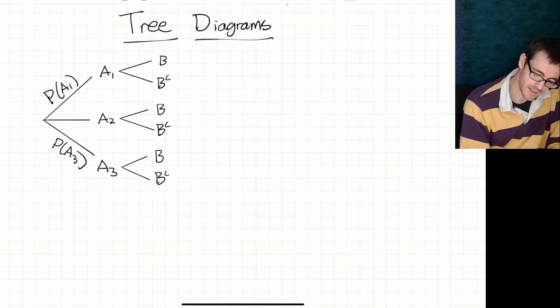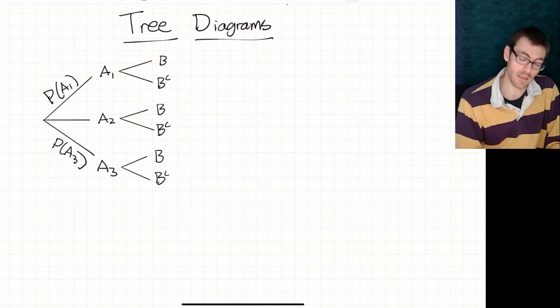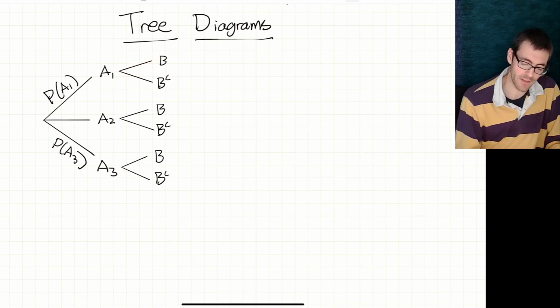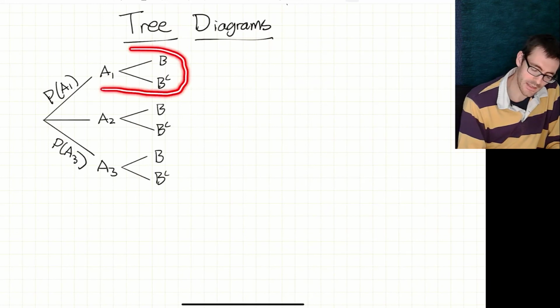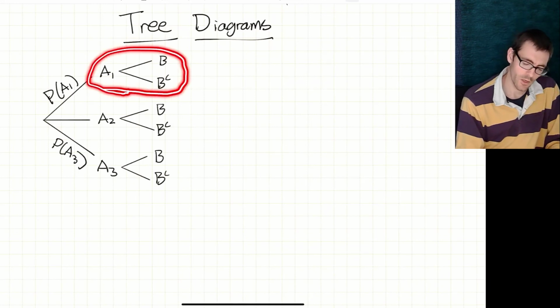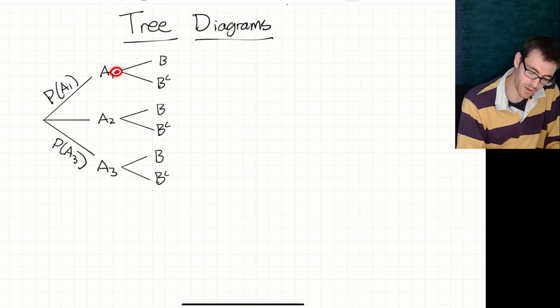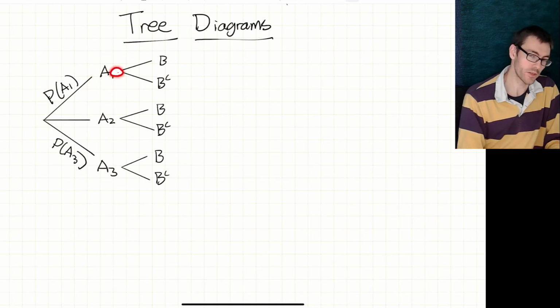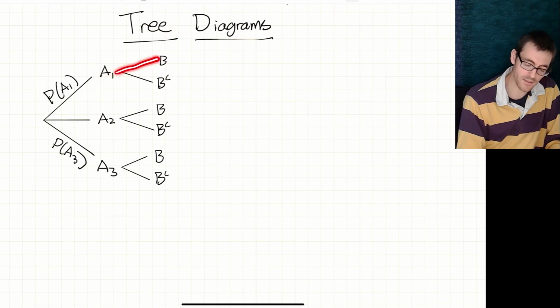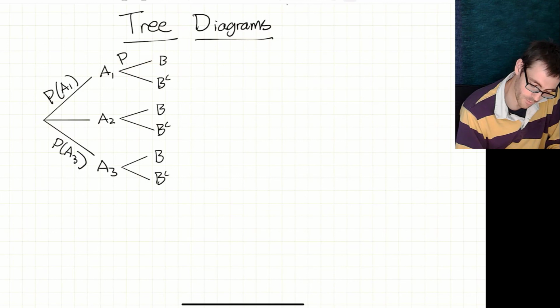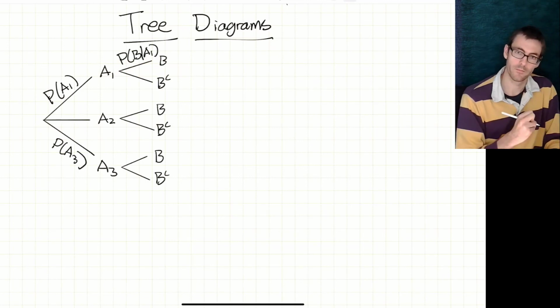Once we get to the second stage, however, we don't want to just label this edge with the probability of B, because we're not just asking the probability of B, we're asking the probability of B given that we're here. So assuming that A1 has happened, assuming that we are at this point in the tree, what is the probability that we go towards B? What this is asking for is the probability of B given A1.